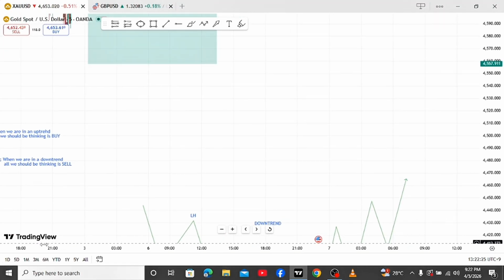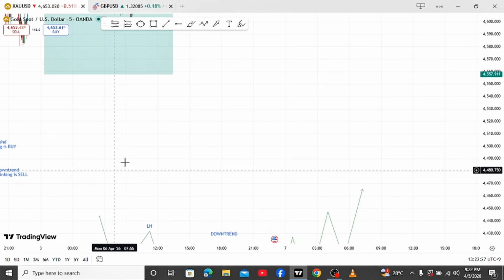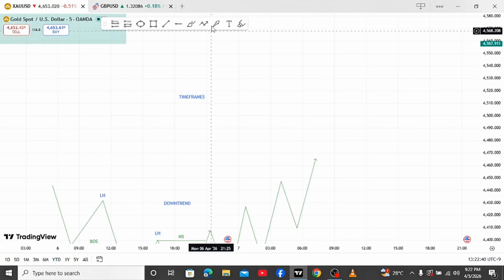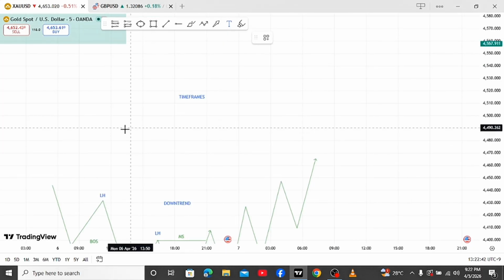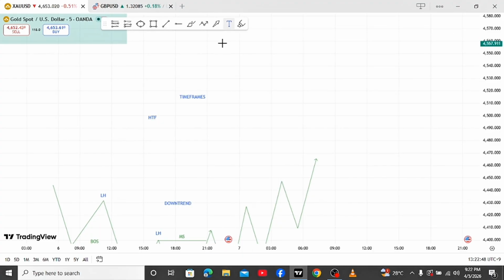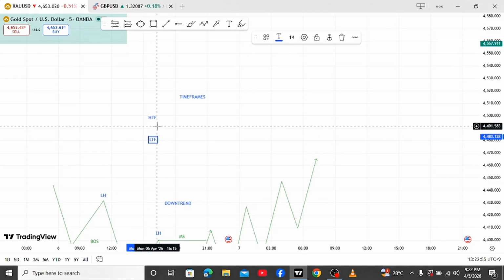Another thing you should know about are your time frames. We have two types of time frames. We have the higher time frame and we have the lower time frame.